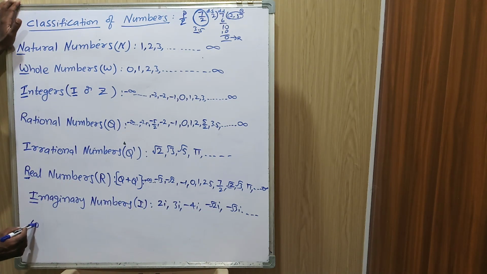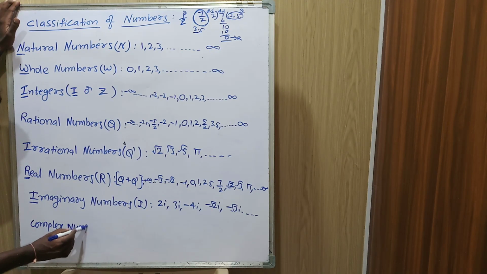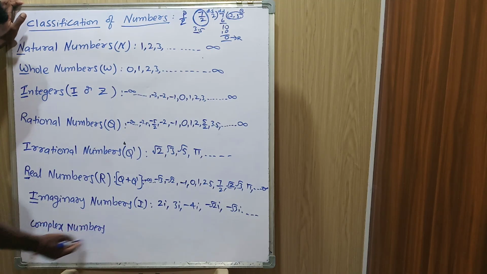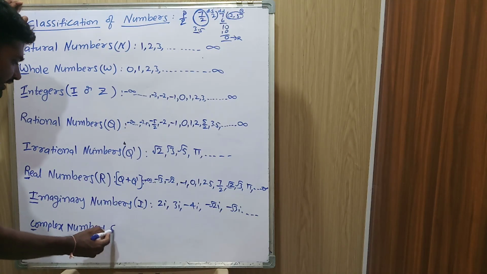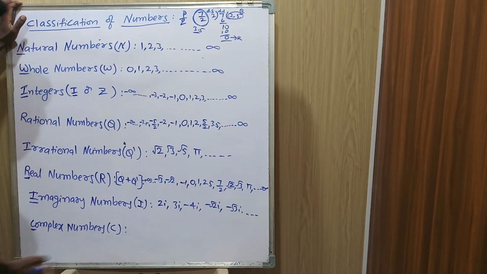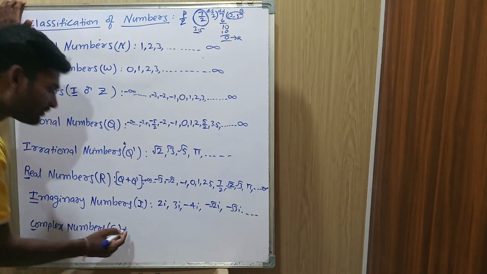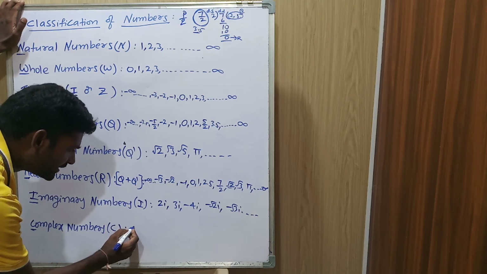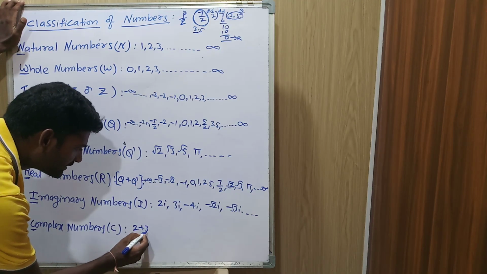Next, complex numbers. When you write complex numbers, the starting letter is C. So that's why complex numbers are represented by the letter C. Complex numbers are represented in this way: 2 plus 3i.